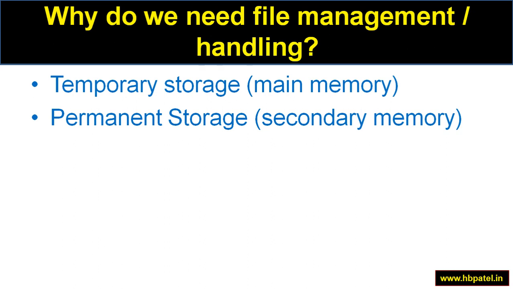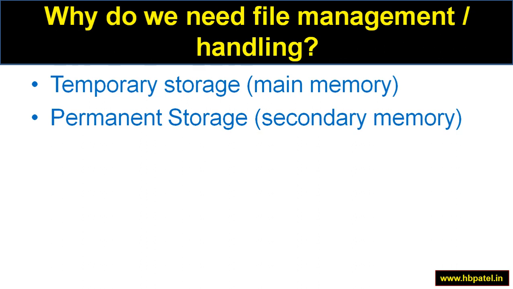So what exactly is happening in permanent storage, when you save the program? The program or the file or the data goes onto the permanent storage, which is nothing but hard drives, or sometimes pen drives, or USB storage devices, or sometimes CD ROM. These are all permanent storage devices. Sometimes they call it secondary memory or auxiliary memory.